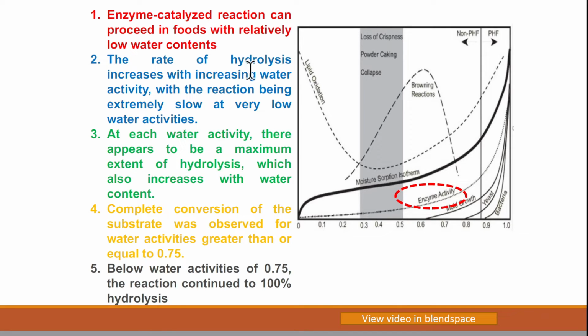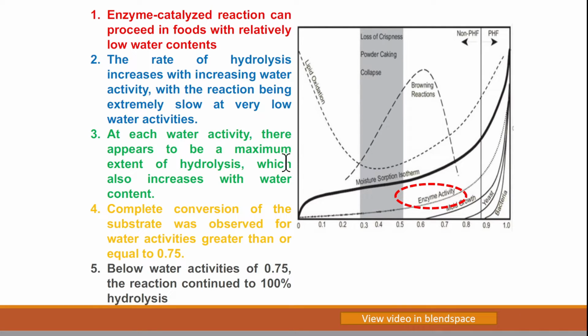The rate of hydrolysis increases with increasing water activity. Hydrolysis here means the presence of a high amount of water molecules. So the higher the free water molecules, meaning the higher the water activity, the reaction is extremely slow at the very low water activities.